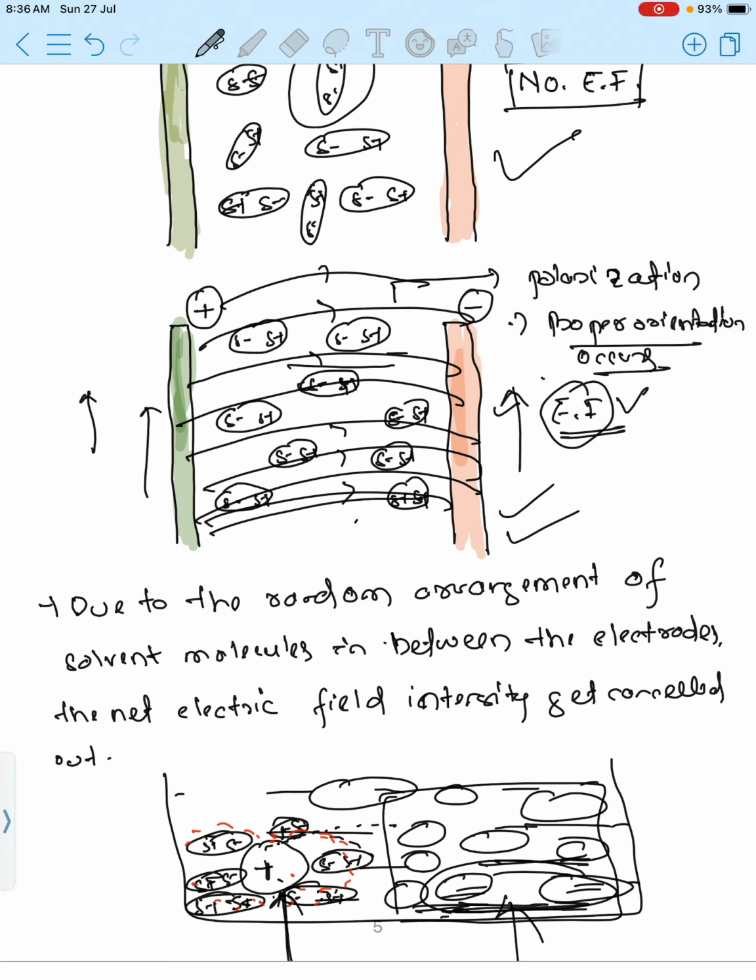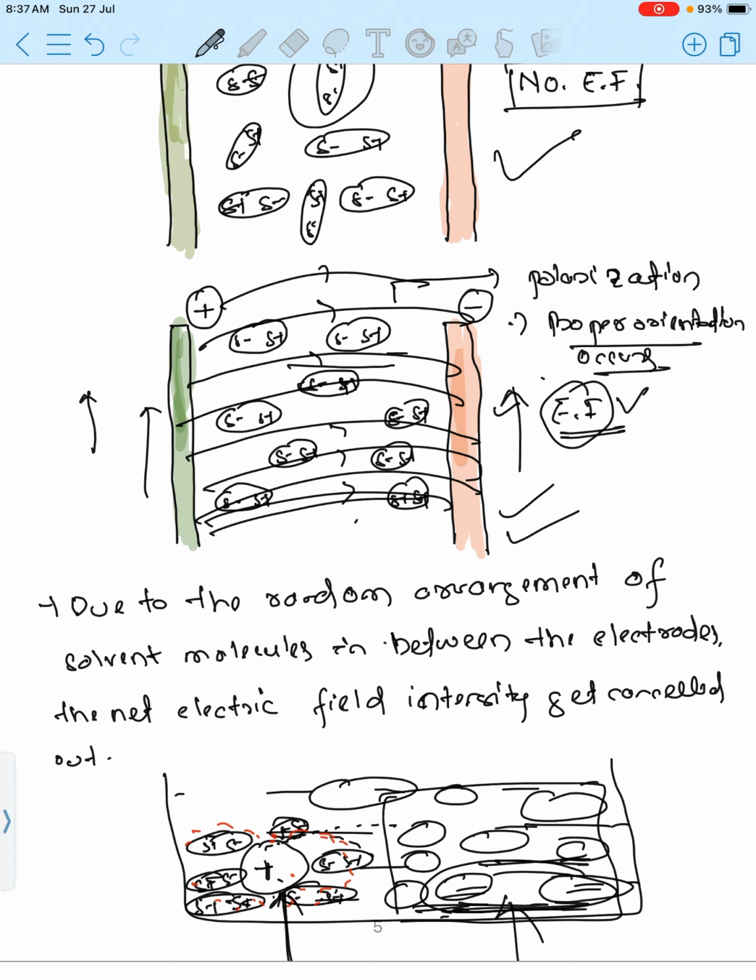So therefore the dielectric constant decreases. That means the more solvent molecules get associated with the ions, or with the higher electric field intensity, the more they will be oriented in a particular direction and the dielectric constant value will be lesser.